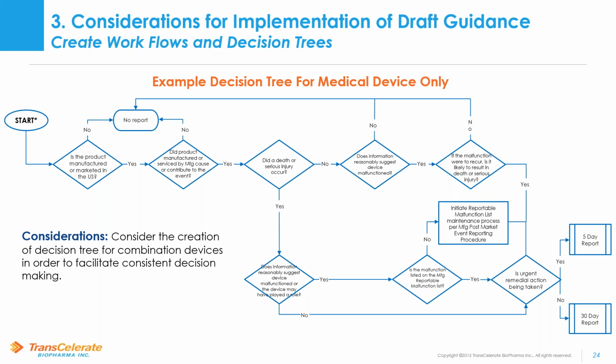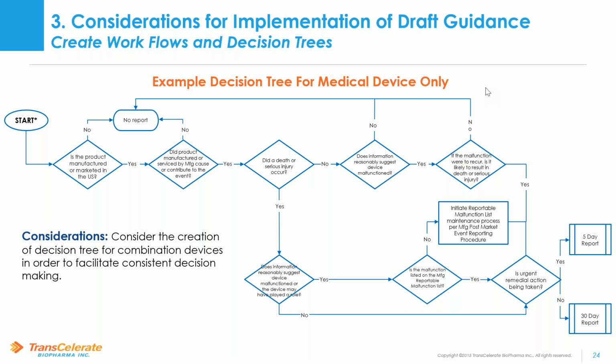This is an example of a medical device decision tree. So the FDA doesn't actually provide a decision tree, but this is taking those requirements and putting them into a decision tree format. So you might find value in combining the drug or biologics decision points as well. But in our case, we kept it just for devices.